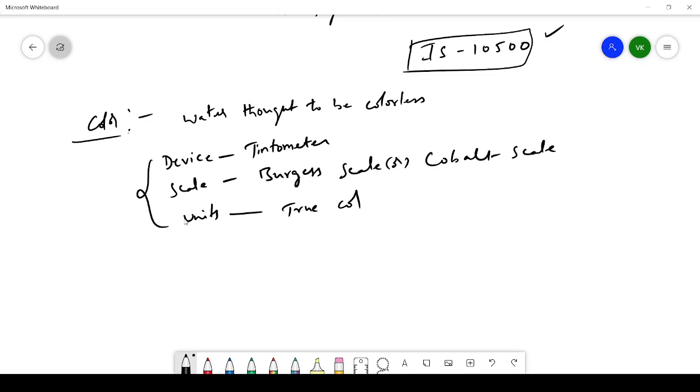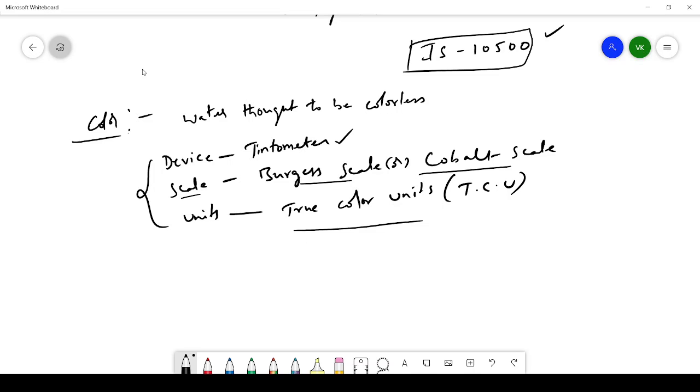These 3 points are very important. True color units, also called TCU. The color of water will be measured by the device known as tintometer, measured on Burgess scale, or also called cobalt scale, and expressed in terms of true color units, TCU.